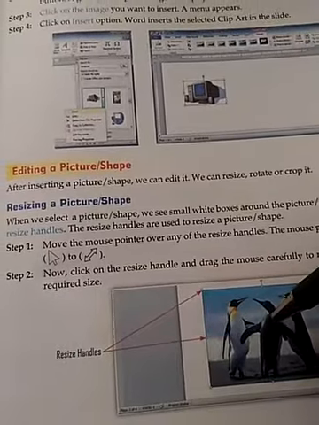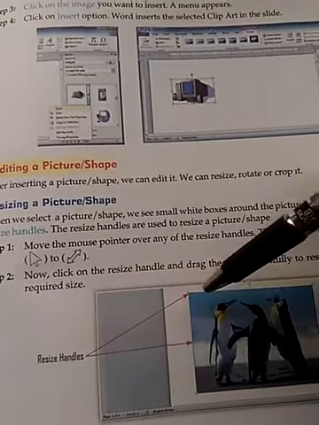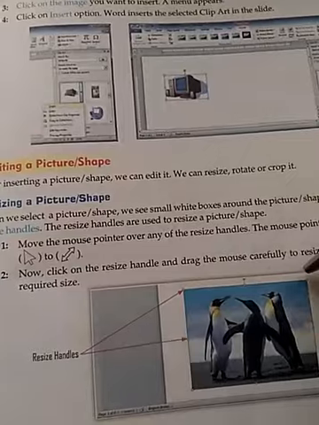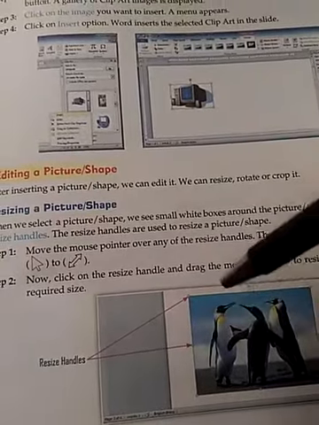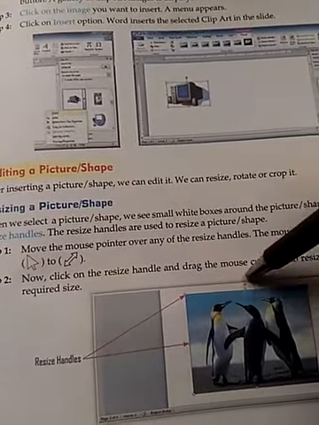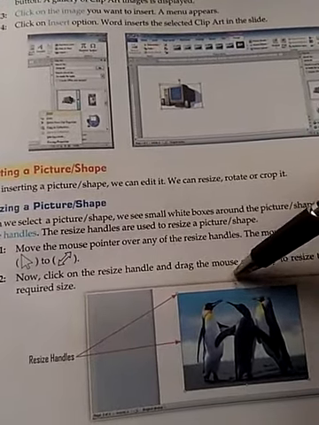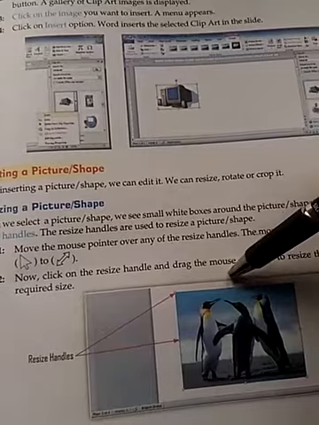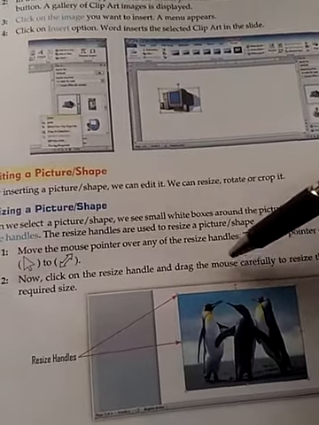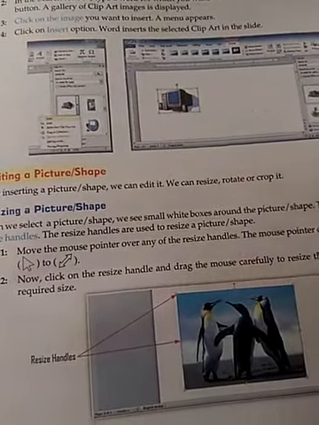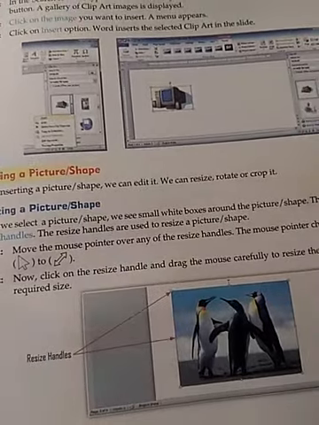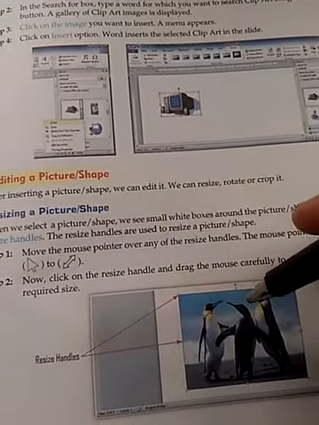These are known as resize handles. These resize handles will help you to resize your image, and here you will find a handle through which you can move the direction of the image. You can change the layout and direction of the image or the shape which you have inserted.